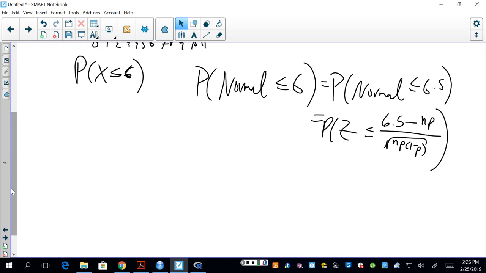So if you look up the z-score for 95%, the one that has 95% below and 5% above, that's about 1.64, 1.65, something like that. And that's 5% above, so negative 1.64 will have 5% below.